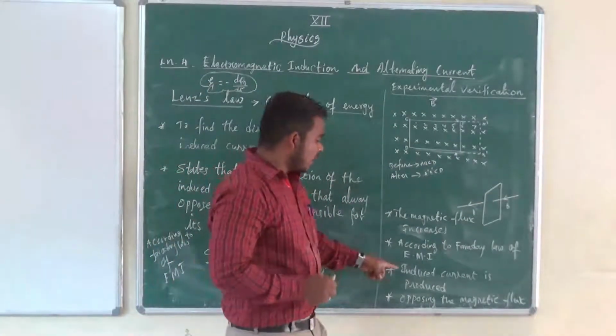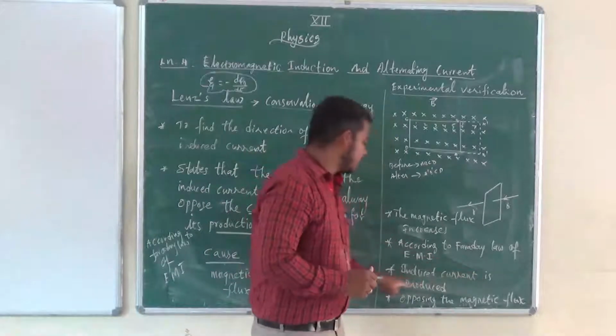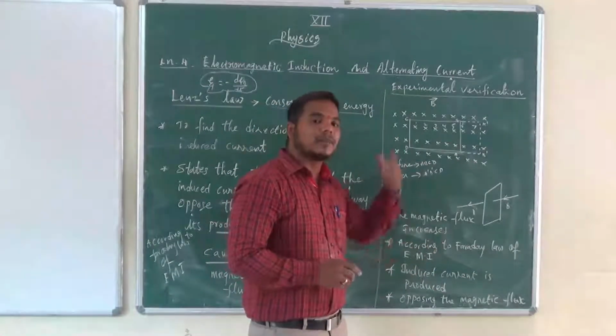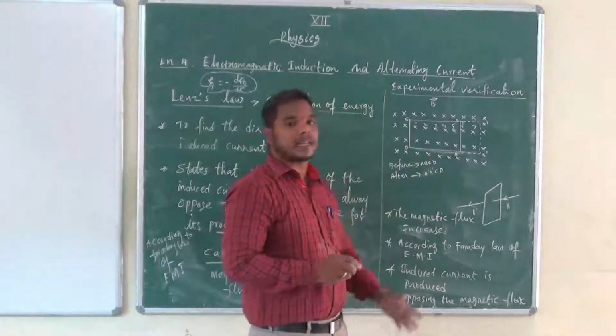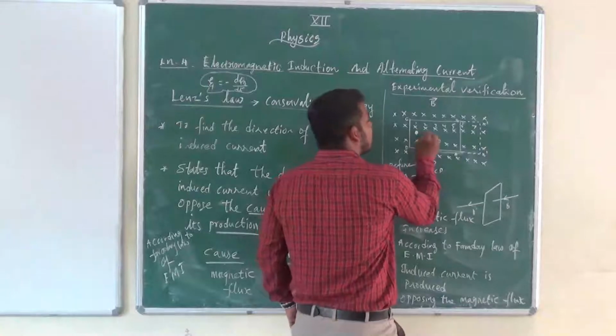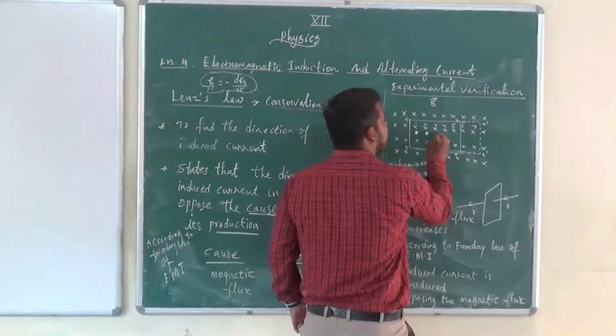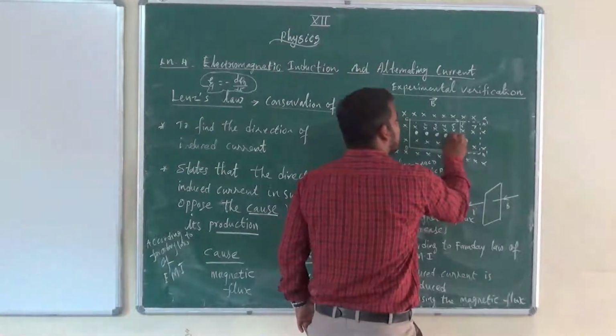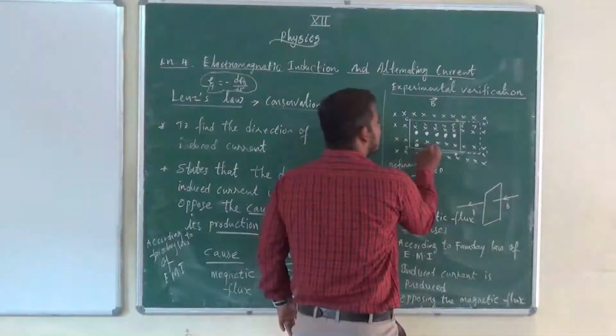We'll see. This induced current automatically produces another magnetic field. See, the circles represent the magnetic field. The magnetic field is produced by the induced current.